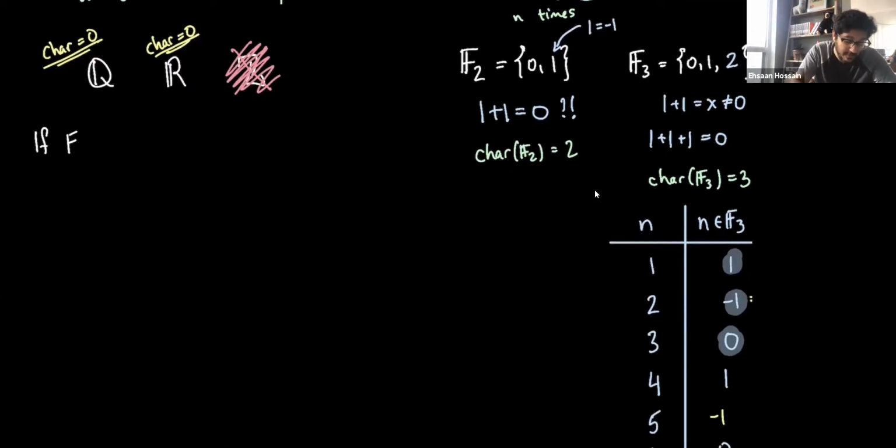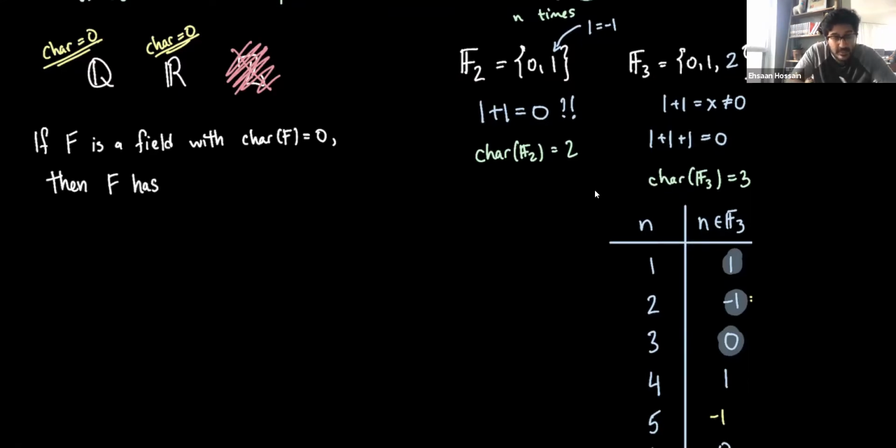If F is a field of characteristic 0, so with char F equals 0, there's a different theorem you can say. Then, how many elements do you think F has to have? These two fields were infinite. You can prove that any field of characteristic 0 has infinitely many elements.